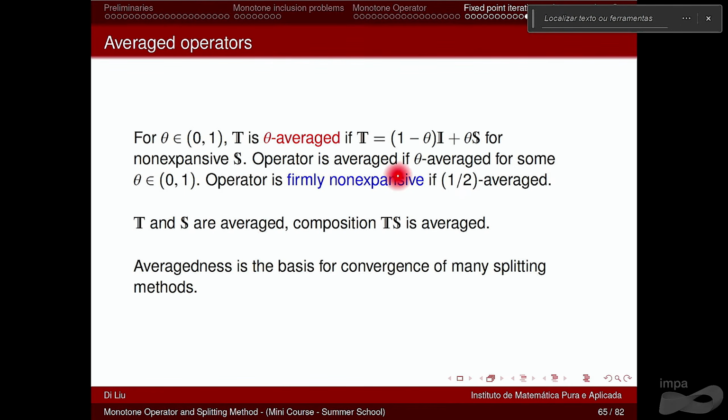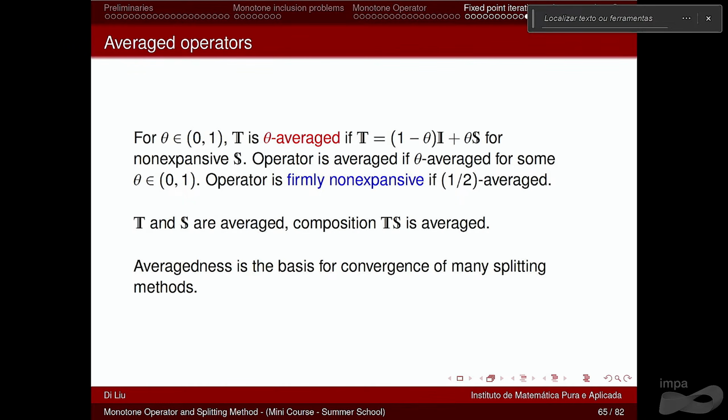If theta equals 1/2, we call it firmly non-expansive. This kind of definition, firm non-expansiveness, has been used in a lot of papers and textbooks, so we mention it here.